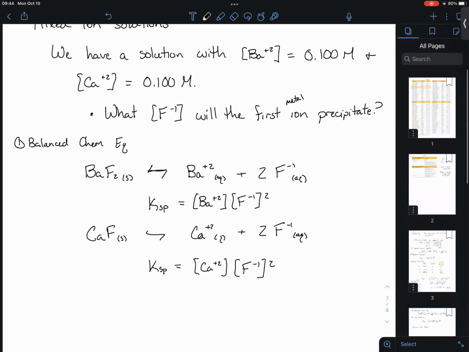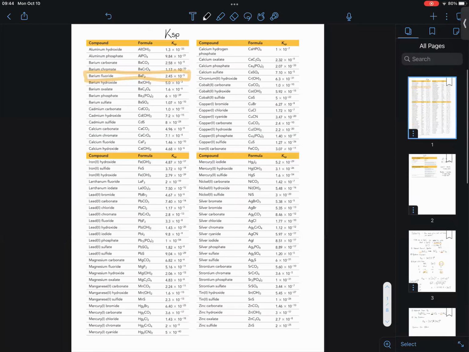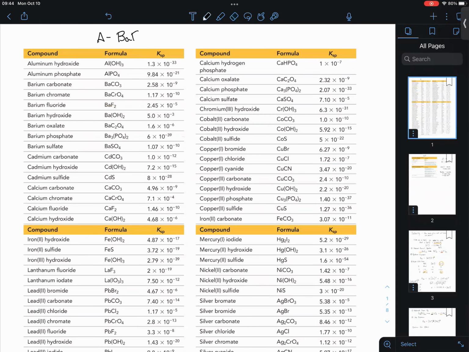I want everybody to look at these Ksps and answer with your clicker. Option A is barium fluoride precipitating first, or option B is calcium fluoride precipitating first. Which one is going to precipitate first based on these Ksp values?